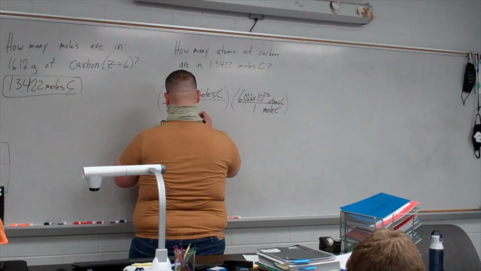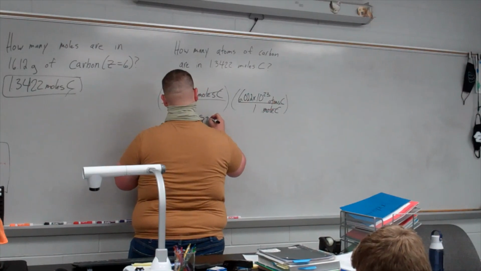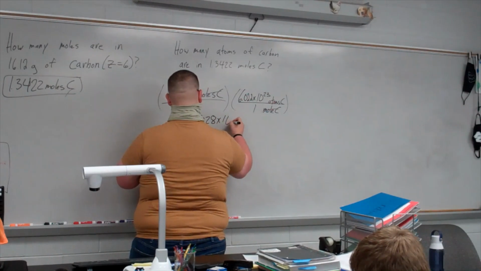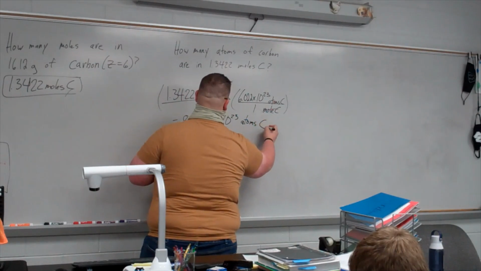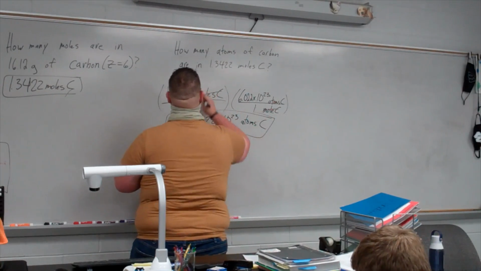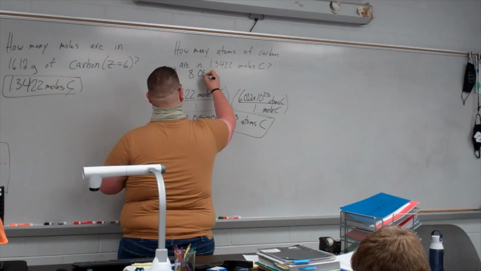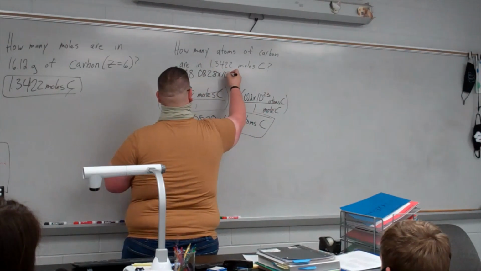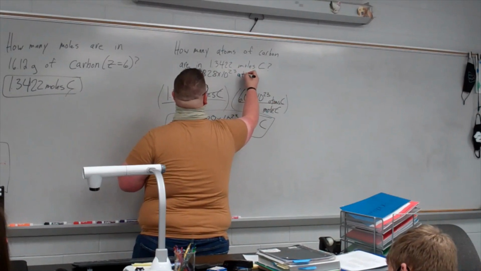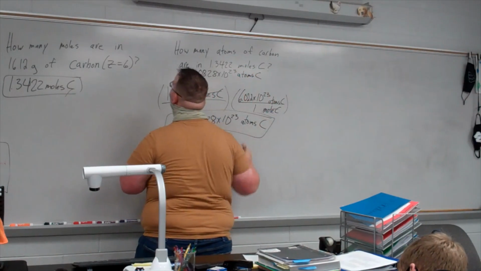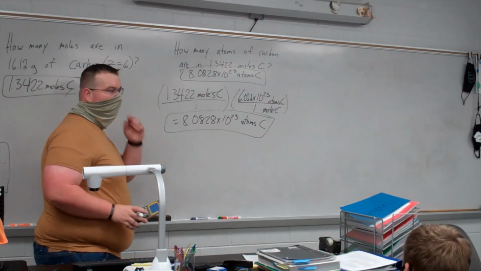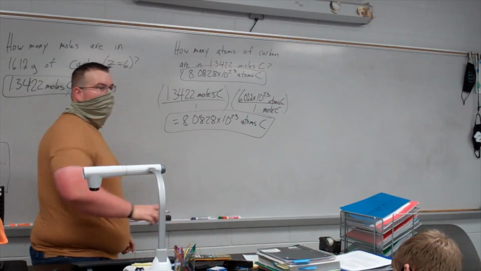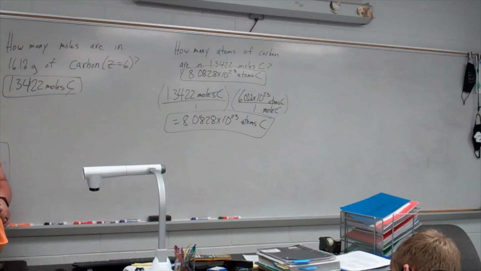I get 8.0828 times 10 to the 23rd atoms of carbon. Any questions on that? No questions?